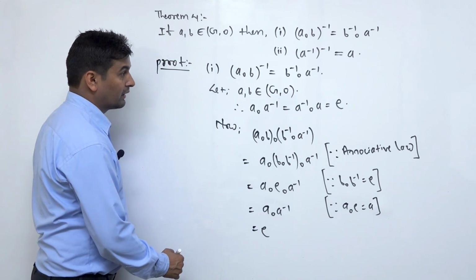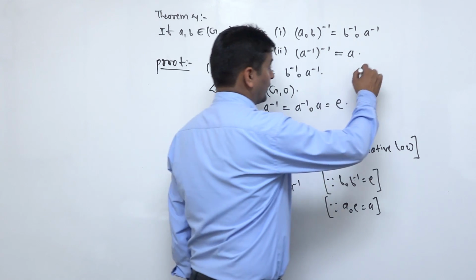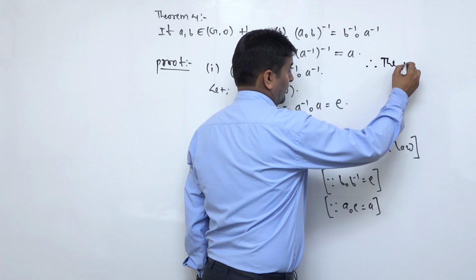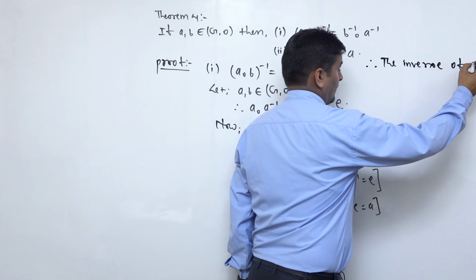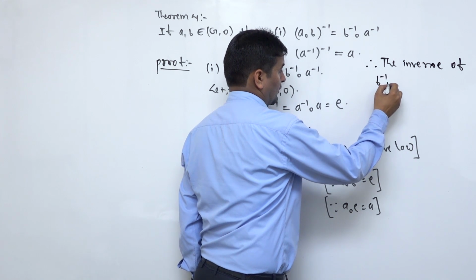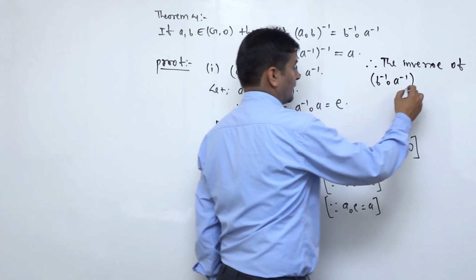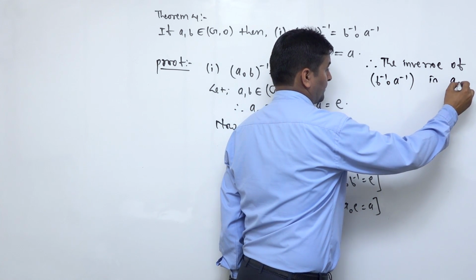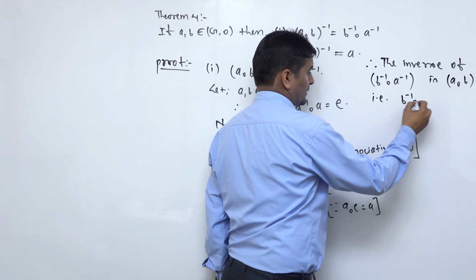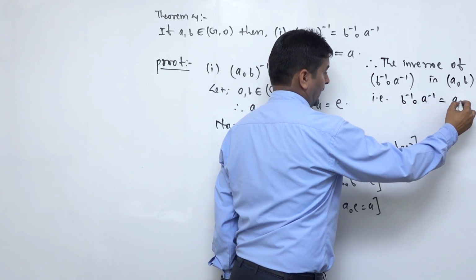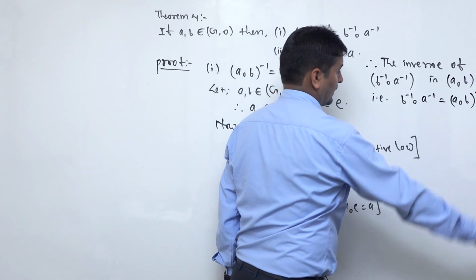Therefore, I'll write the conclusion here: the inverse of b inverse ∘ a inverse is a ∘ b, that is, b inverse ∘ a inverse equals (a ∘ b) whole inverse.